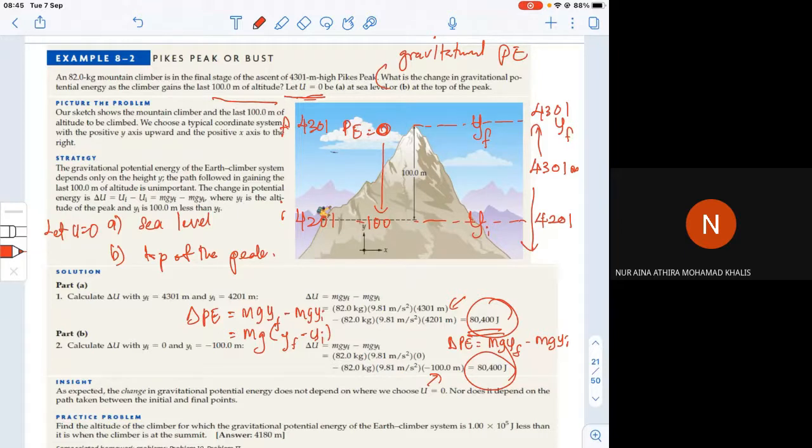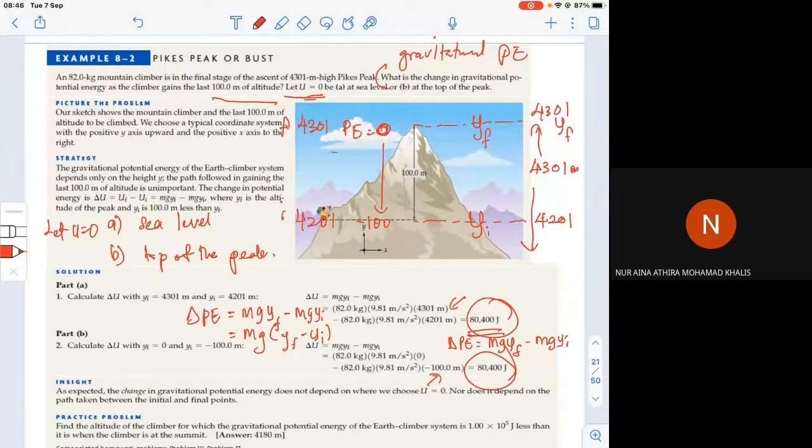If one student takes 0 at the top of the mountain and calculates the work the climber does when 100 meters from the top, we can calculate 80,000. If we take sea level as 0, the climber is at 4201 until 4301, so 4301 is final and 4201 is initial. That is also equivalent to 80,000.